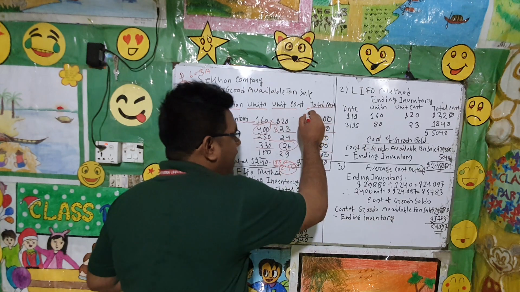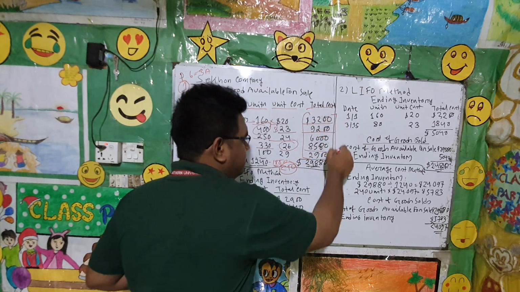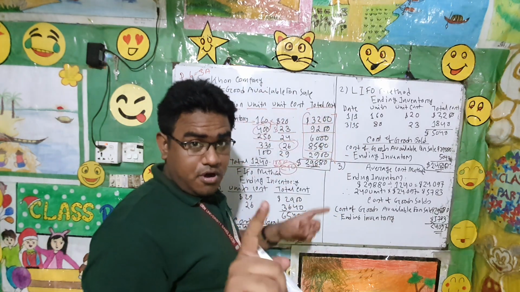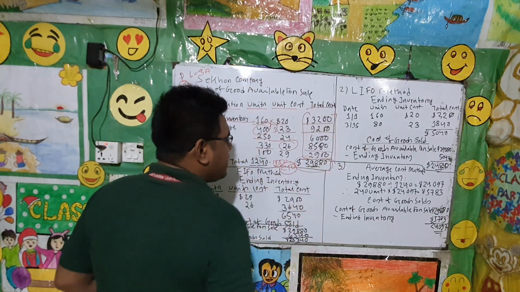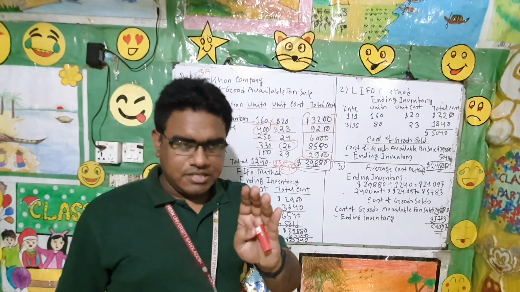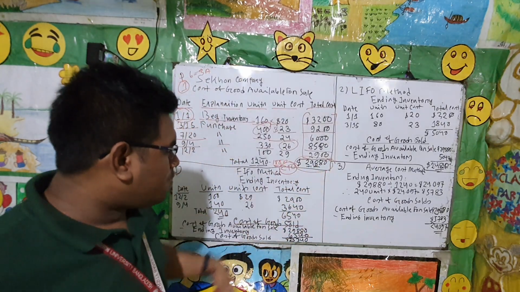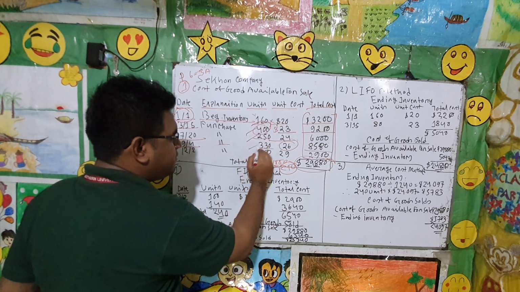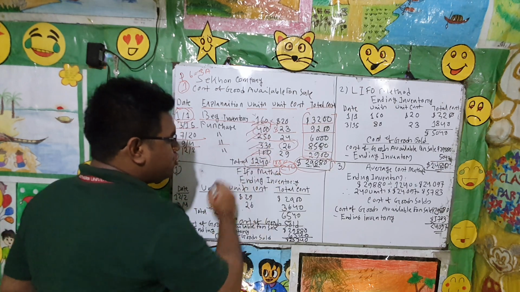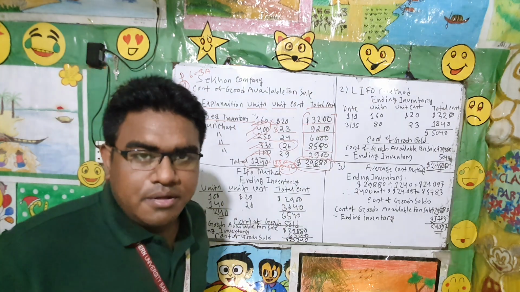So if we add all the purchases, remember all purchases with the beginning, we will get 29,880, the total cost. And this total cost is for how many units? 160, 400, 250, 330, 100, in total 1240.